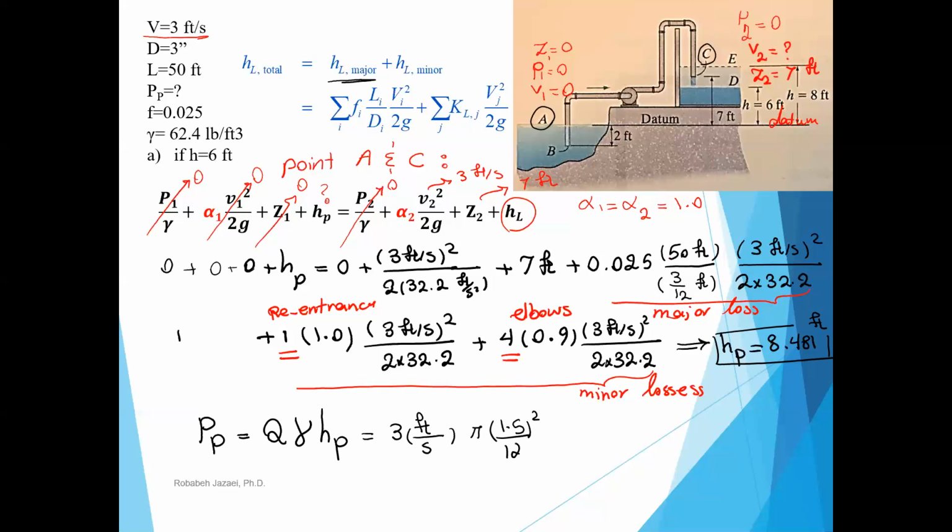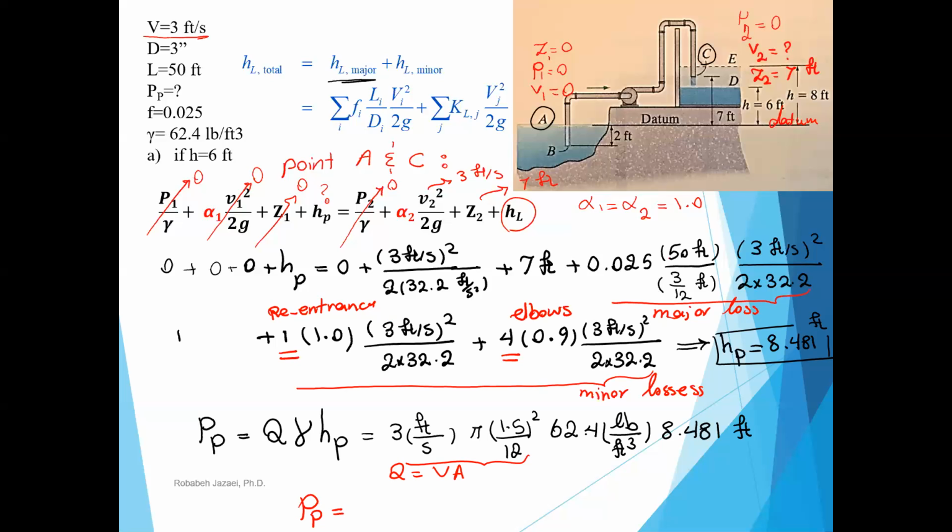Make sure you convert it to feet. Multiply by 62.4 pounds per cubic foot, multiplied by head for pump. So VA is Q.